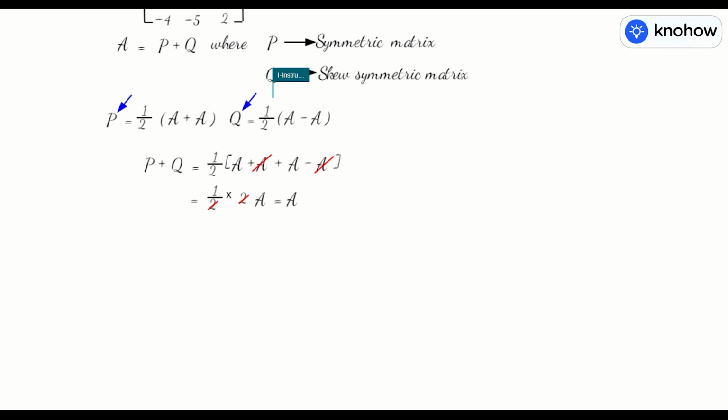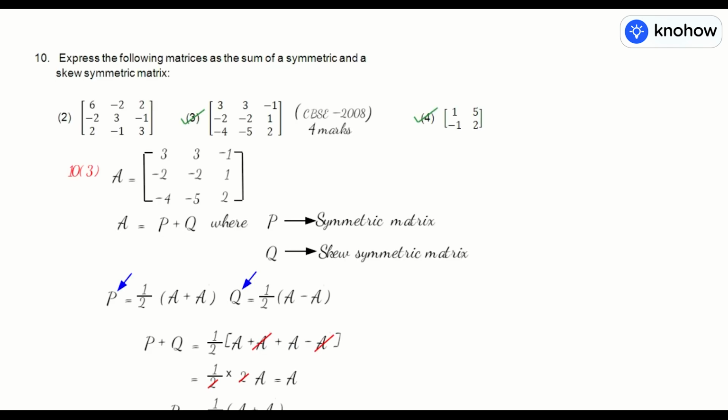So let us find P. What is P? Half A plus A dash. That is half out. What is the given matrix A? Given matrix A is defined as, you put a square bracket, A is 3, 3, minus 1, minus 2, 1, minus 4, minus 5, 2.